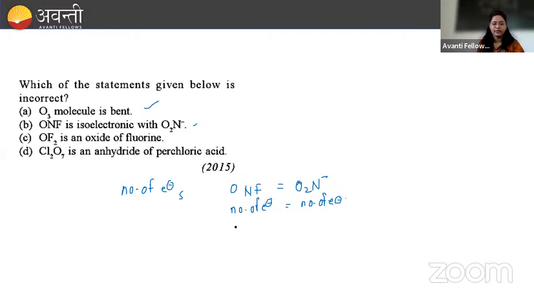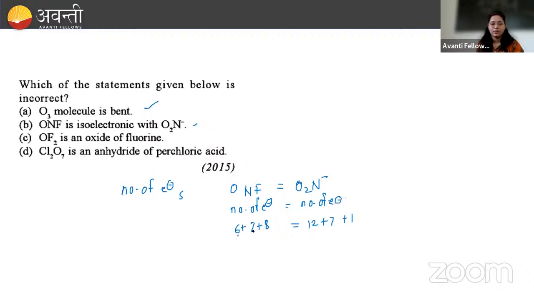Yes, how many? Can you tell me? 6 plus 7 plus 8. यहाँ पे 6 6 12 plus 7 plus 1. Okay, माइनस चार्ज है ना, इसलिए प्लस 1 किया.